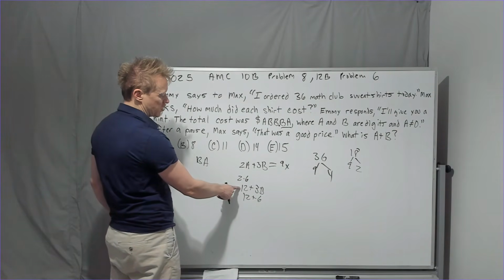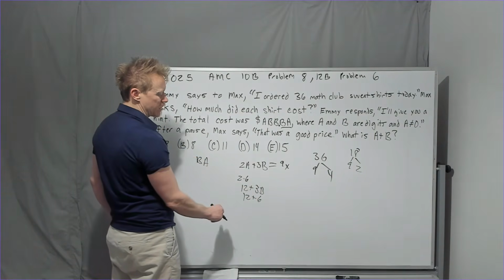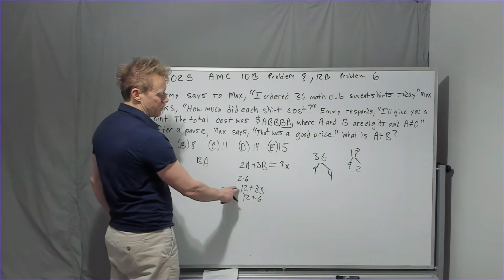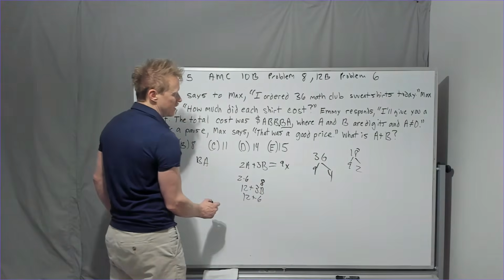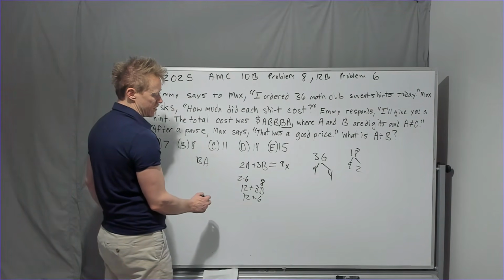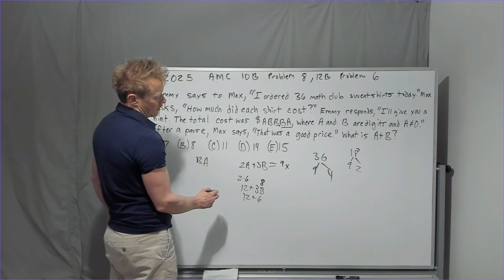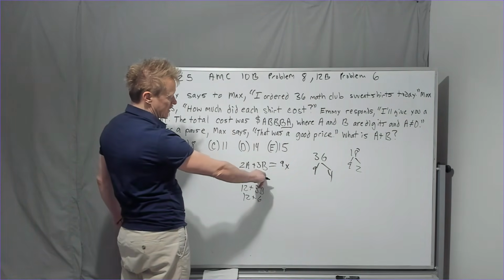From 12 to 27, 25 is not going to make it there. How about to 36? B could be 8 now. The problem is 86 doesn't work either. A being 6, 2A plus 3B. Oh, did we really can't get 6 here?